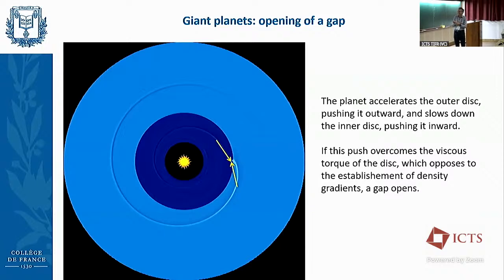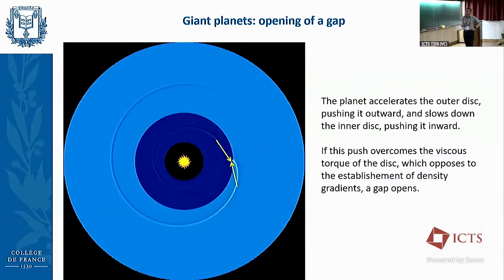So the planet exerts a force on the outer wave directed in this way, so it exerts a positive torque on the outer disk, and exerts a force on the inner wave directed this way, so it tries to slow down the inner disk, exerting a negative torque on the inner disk. Which means that the planet tries to push the outer disk out and to slow down the inner disk, and so to push the inner disk in.